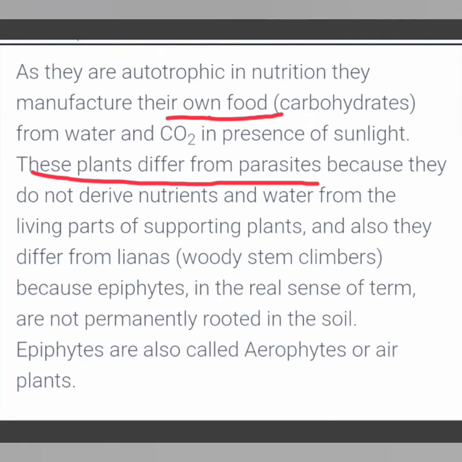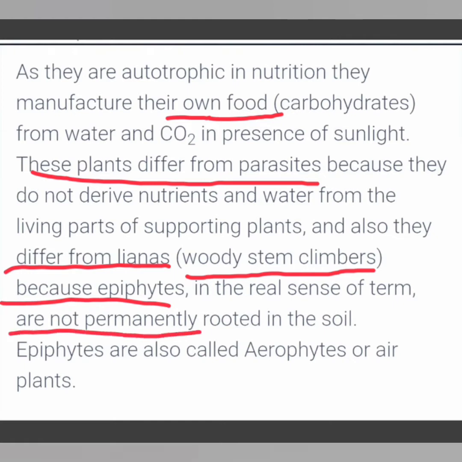And also they differ from lianas, that is the woody stem climbers. These woody stem climbers are not epiphytes, because epiphytes, in the real sense of the term, are not permanently rooted in the soil.